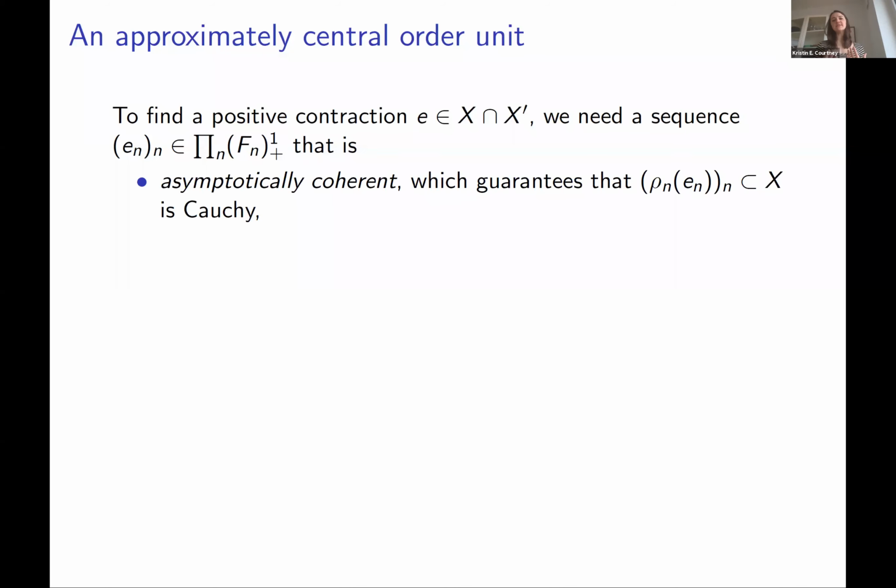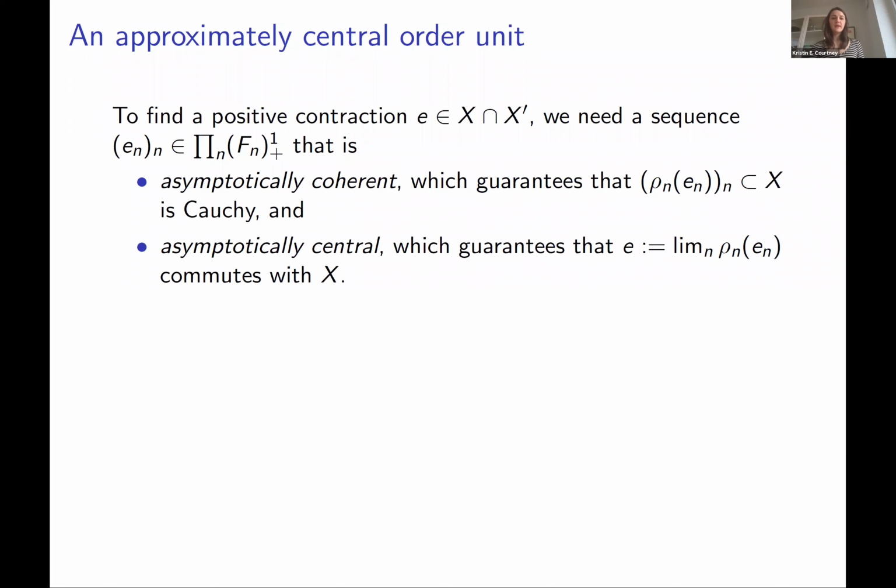Asymptotic coherence guarantees that when I look at the images of each of these E_n's in the induced maps into F infinity, the sequence of these images becomes Cauchy. And so of course, it's going to have a limit. The next criterion I want to put on it is that it's asymptotically central, which is what we need to guarantee that the limit of that Cauchy sequence, let me call it E, actually commutes with X. So with these two criteria, we guarantee that we have some positive contraction E in X that commutes with X.